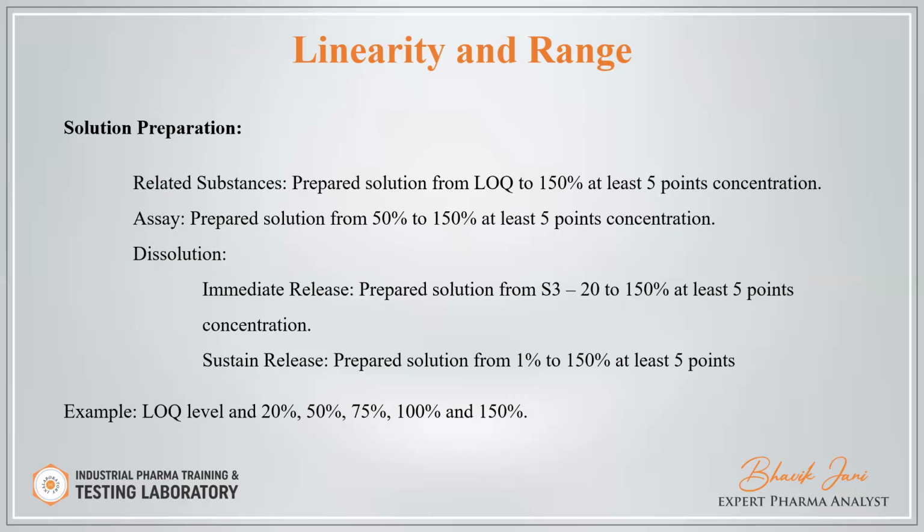In this case, we determine the LOQ is 5.5 ppm. So you have to prepare the 5.5 ppm solution. Then it might be 20 percent, 50 percent, 100 percent. Then the 150 percent, you can prepare at least 5 point concentrations from LOQ to 150 percent.